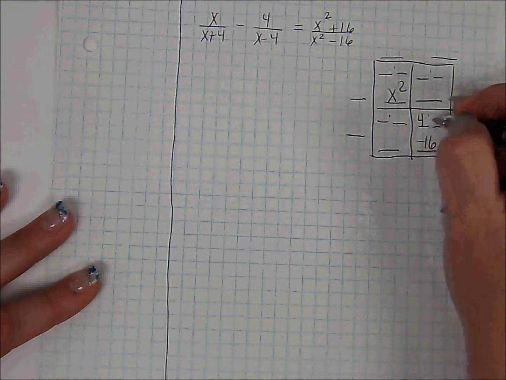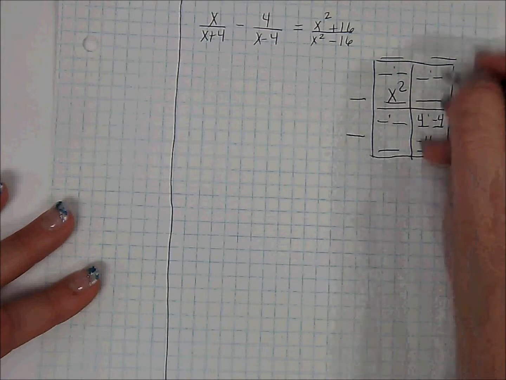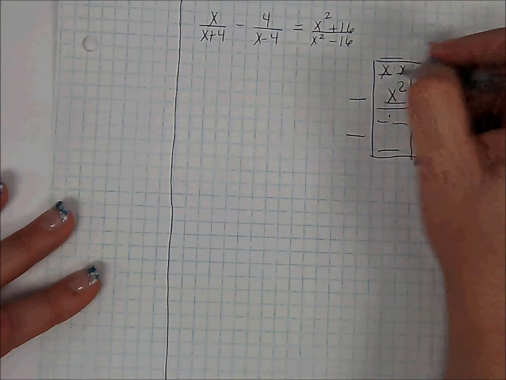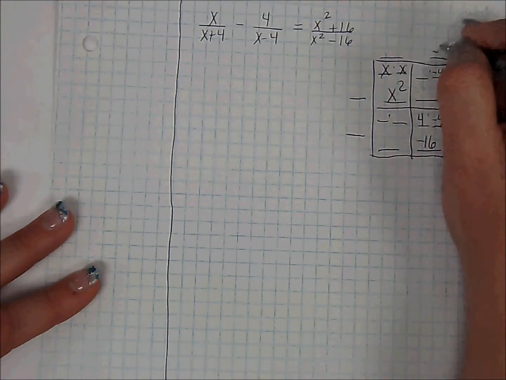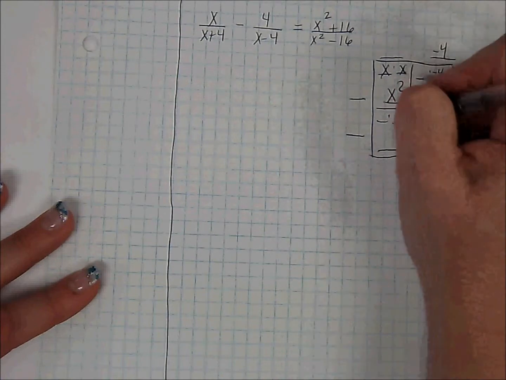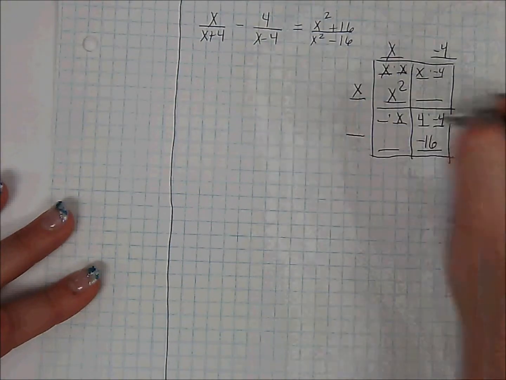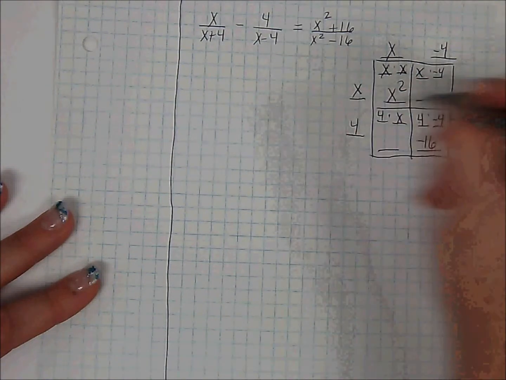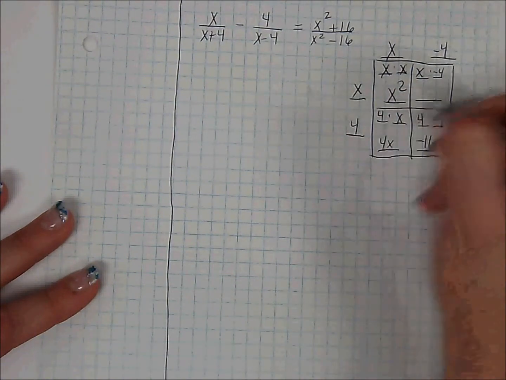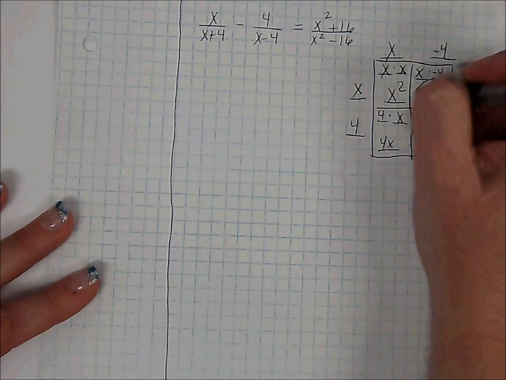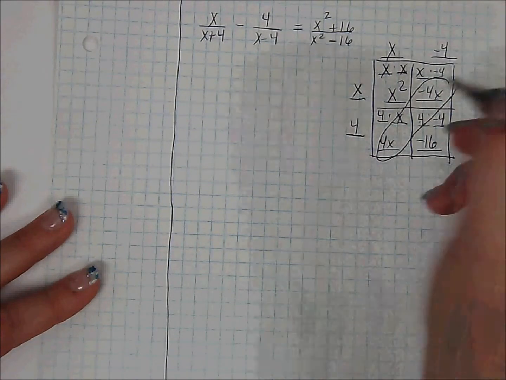And I think I'm looking for 4 and negative 4. This one's going to be x and x. If these two share negative 4, these two share x, I get a 4x here, a negative 4x here, add them together, I get 0.